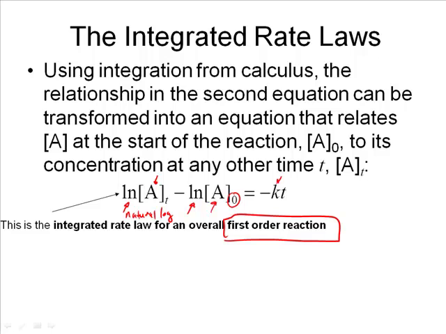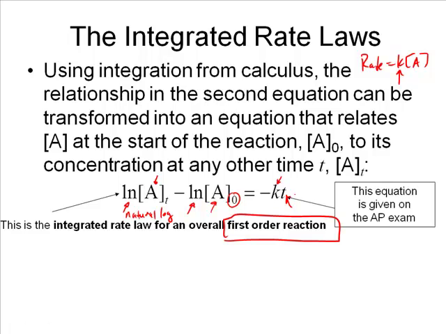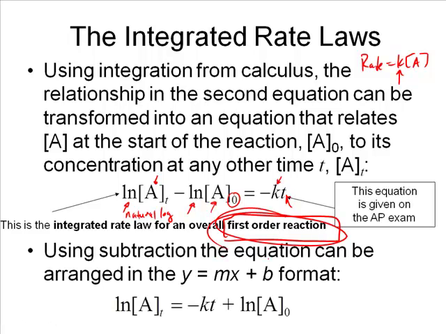This is the rate law constant, just like how we saw when we had rate equals k times A. That's that same k right there, and that is whatever time they mention in there. Like I said, that equation is given on the AP exam, and they don't tell you anything about it, but it has to be for a first order reaction.